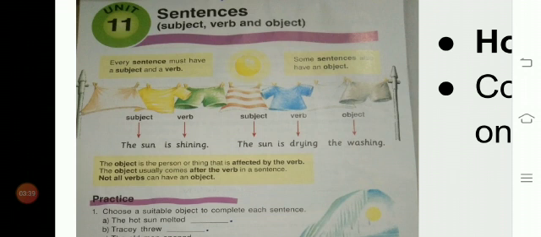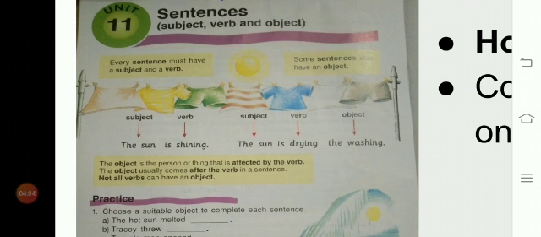Look at the right side of your page. Some sentences also have an object. Some sentences also have an object with them. Look at the example below. The sun is drying the washing. The sun is the subject, as the sentence is about the sun or the sun is doing something here. Then drying is the verb here.